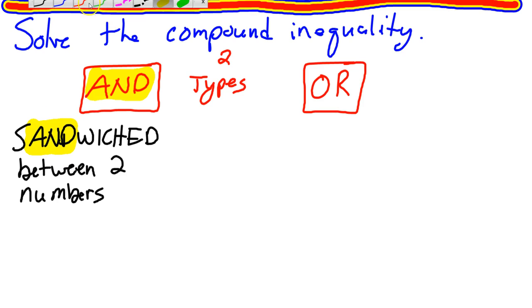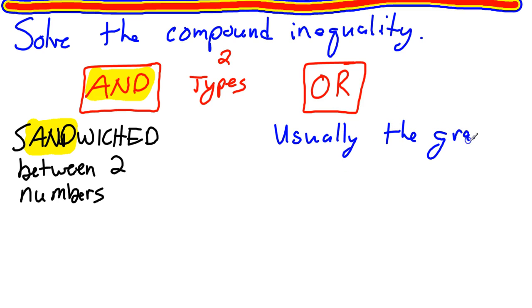If it's an or statement, again, generally speaking, usually the graph looks like the oars on a boat.